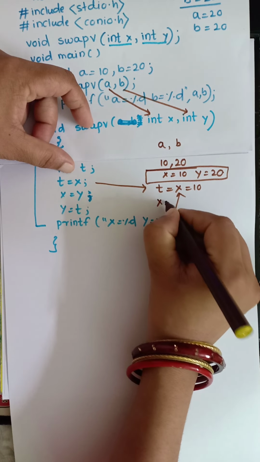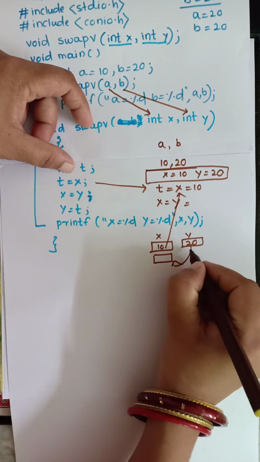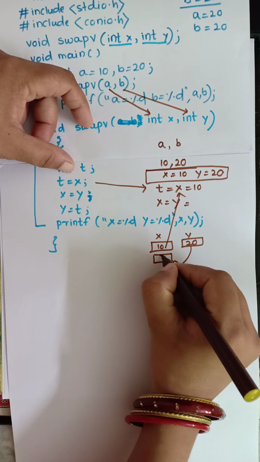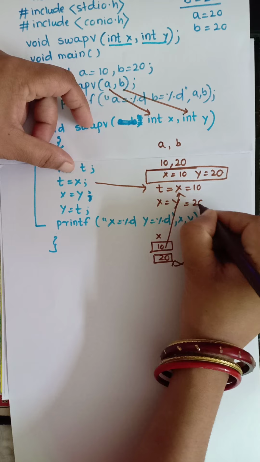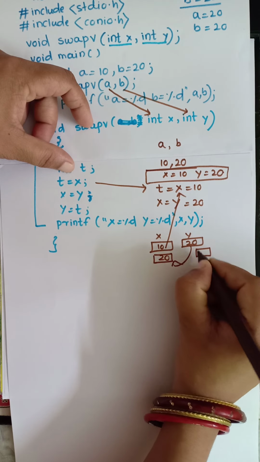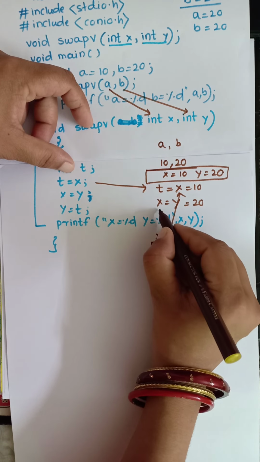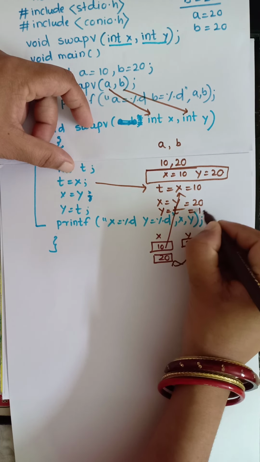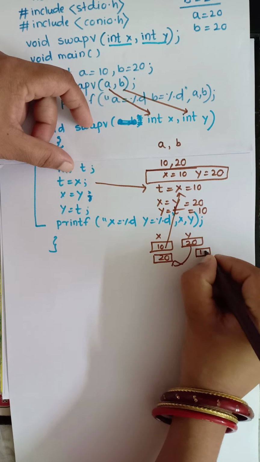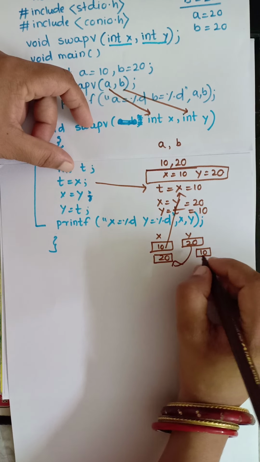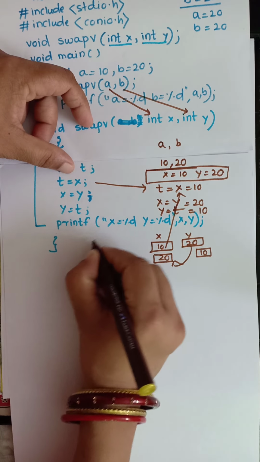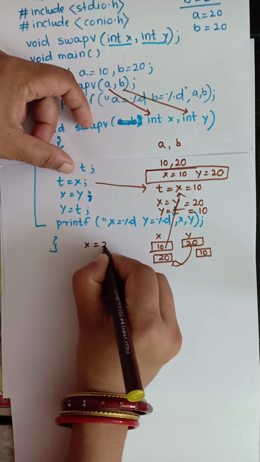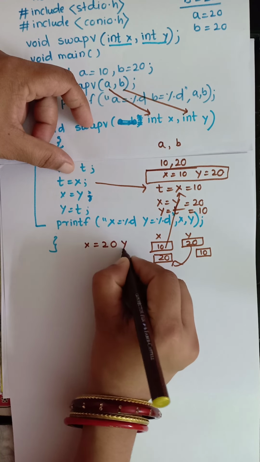For that I write x equals y. So now the y value comes to the x place, and here it is 20. Now this place is empty. So now I write y equals t. What is the value of t here? 10. So now the 10 value comes here. When I write printf, what are the values? x equals 20 and y equals 10.